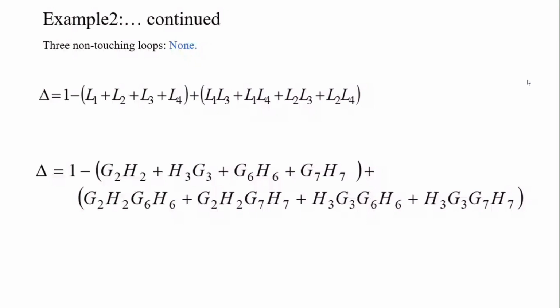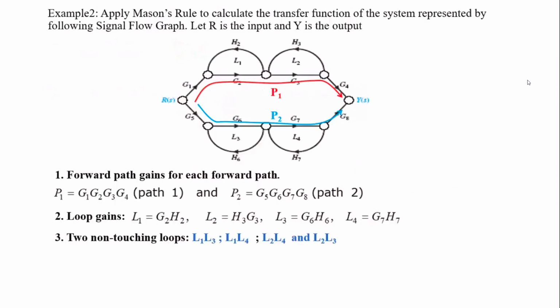I kept the in-between step blank. So shall we write for delta 1? Moving back, you see P1 is G1, G2, G3, G4, the topmost path, whereas loops are L1, L2, L3, L4.